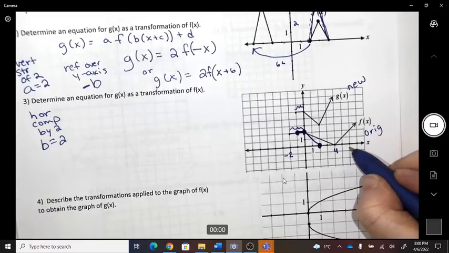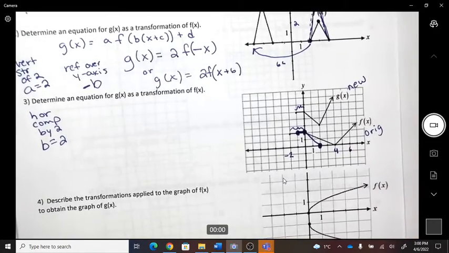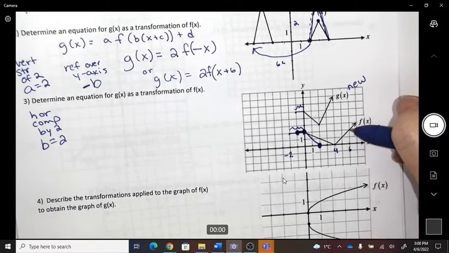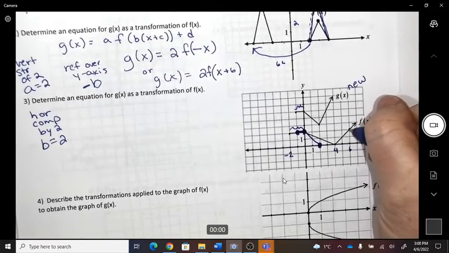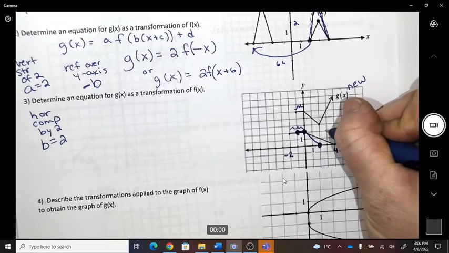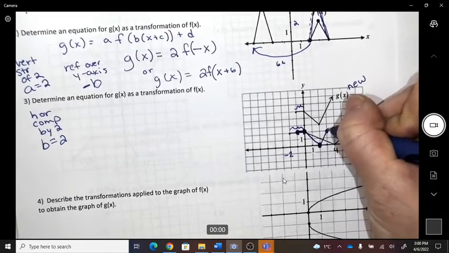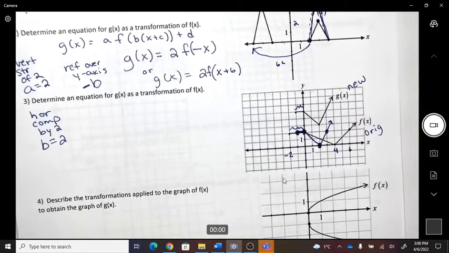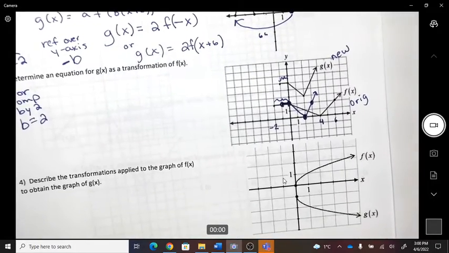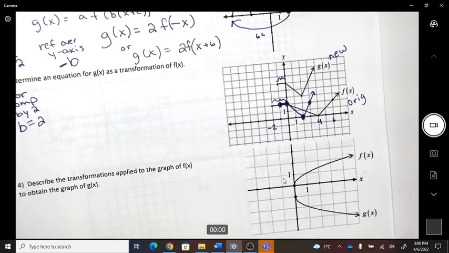I'm squishing it in by 2, or going half of the distance. So I'm going to take this coordinate right there, 6, 2, and it's going to move to 3, 2. 6, 2 is going to squish to 3, 2.